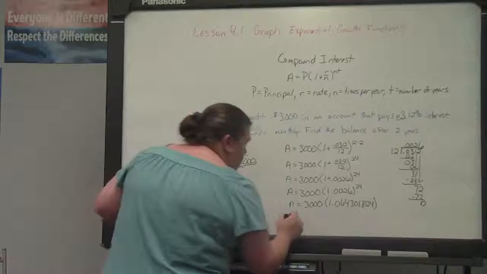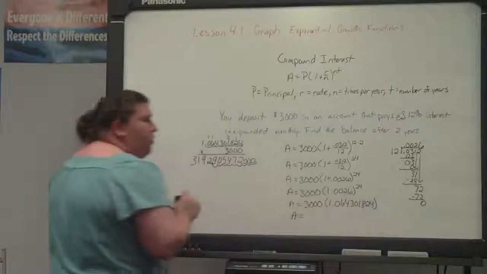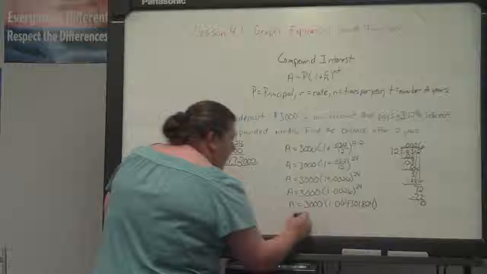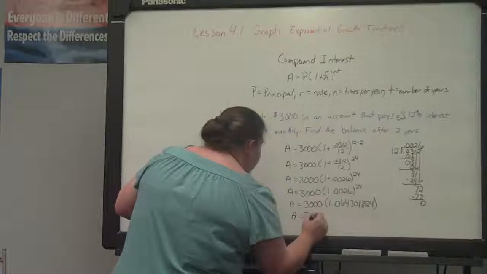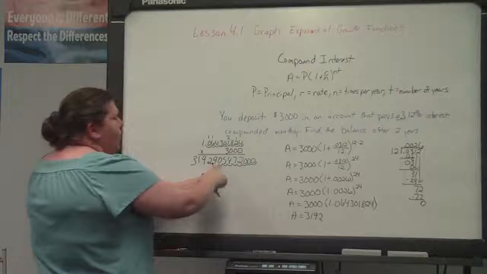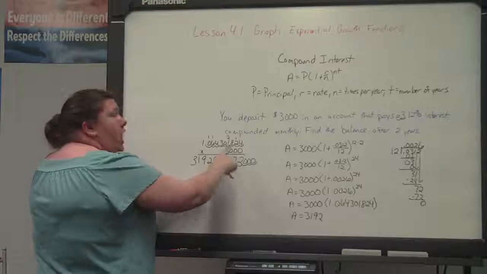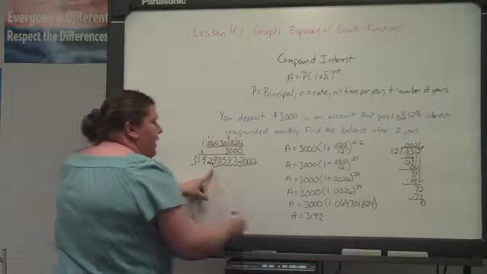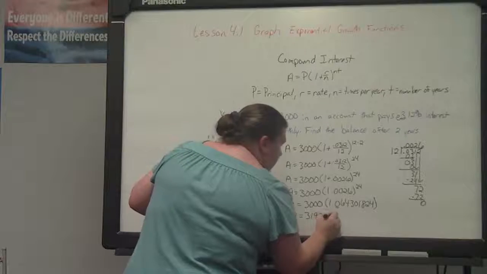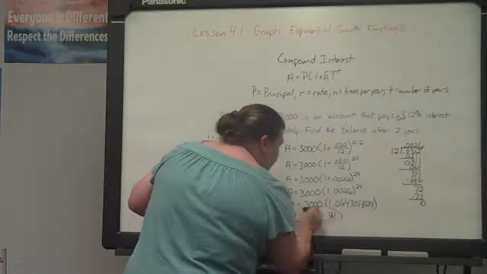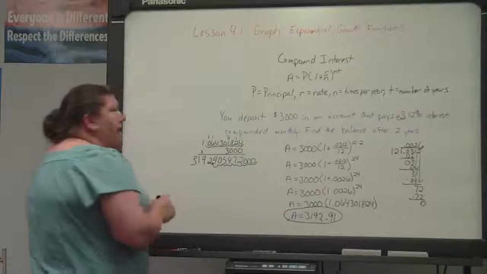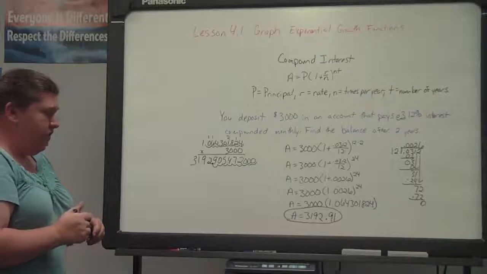So I can say that A is equal to 3,192, and I want to round this 5 up, so 0.91. And that is my answer for my compounded interest.